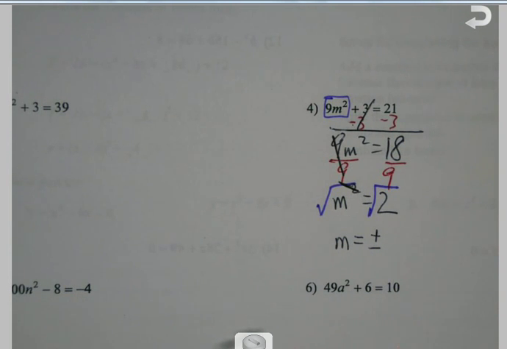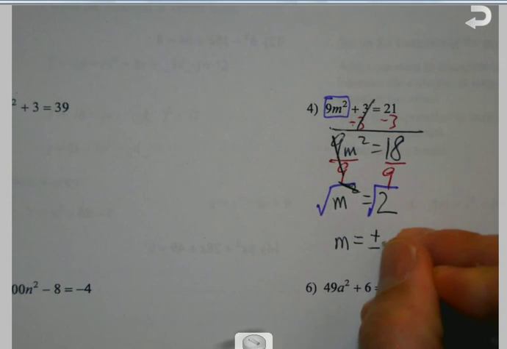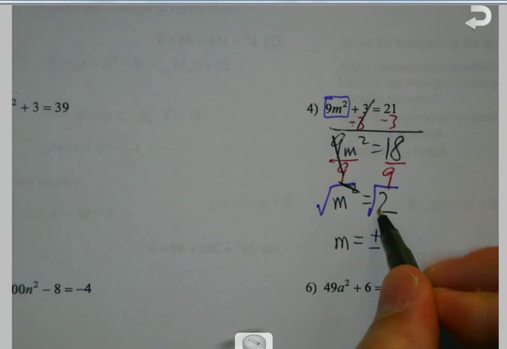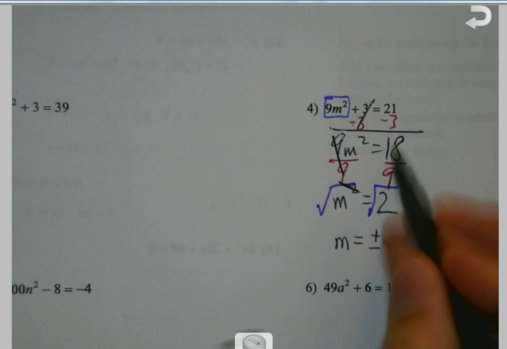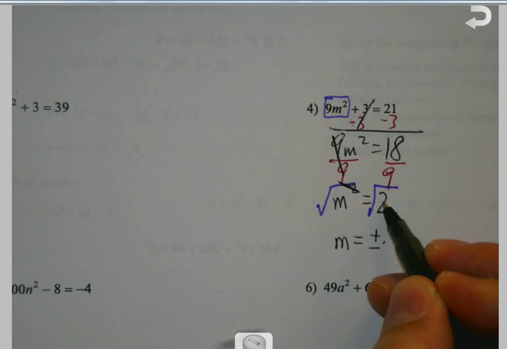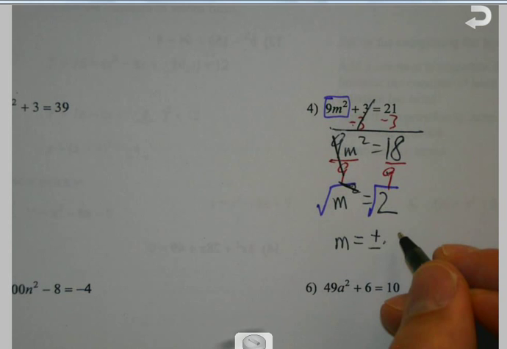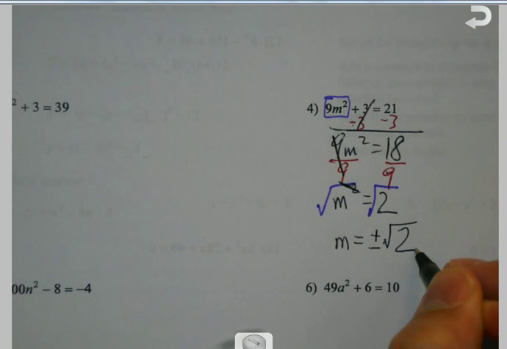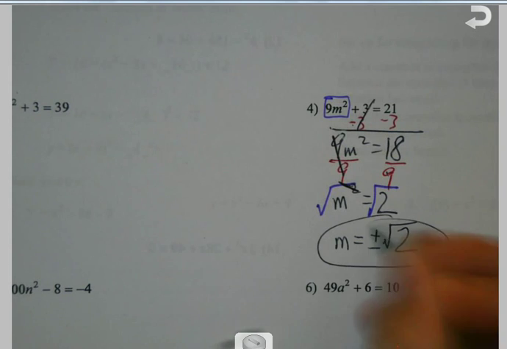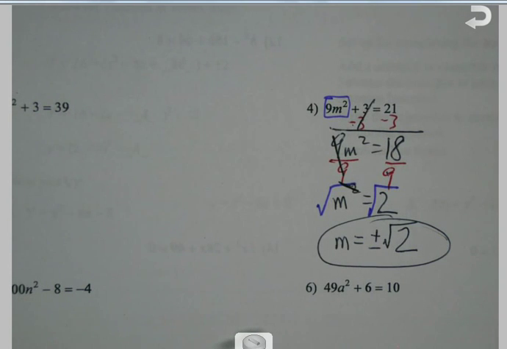If I can't, like square root of 2, and there's not 2 numbers I can multiply, 18 divided by 9 is still 2. If it was 6, I'd be on board with you. But if it doesn't break down, I don't really want the decimal. I want the exact answer. So I'll leave it as plus or minus square root of 2.